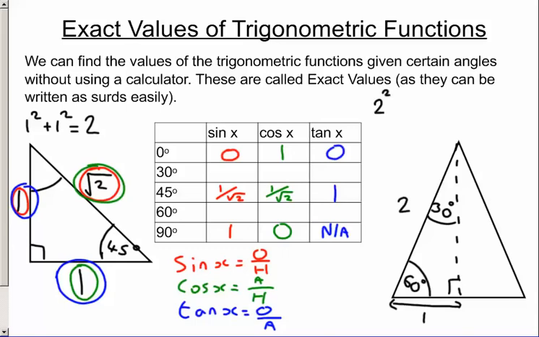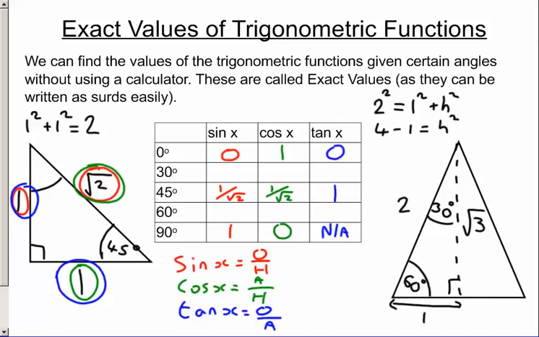This time it's 2 squared, because 2 is the hypotenuse, 2 squared equals 1 squared plus this missing value here, the height of the triangle, h squared. So h squared is actually equal to 3. So here, instead of h, we can write the value which is the square root of 3. We get 4 minus 1 equals h squared.